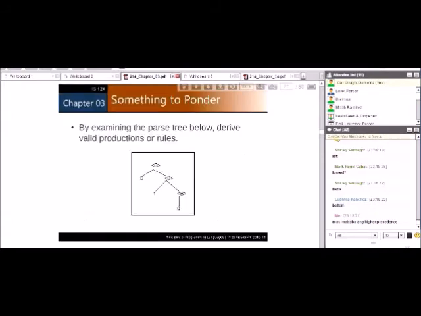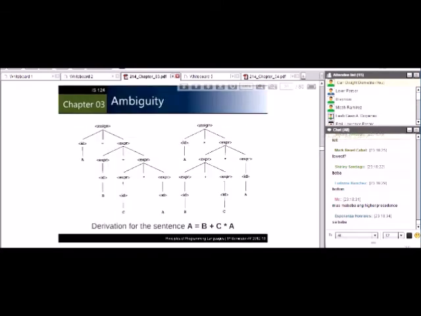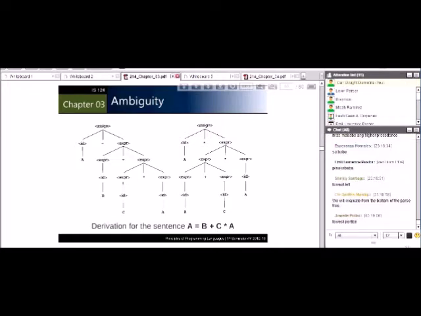Let's look for a parse tree. Here, a parse tree. Okay, question. Where in the parse tree will you see the highest precedence, in the lower part or in the upper part? The lowest, right? The highest precedence, you will see it evaluated in the lower part of your parse tree.